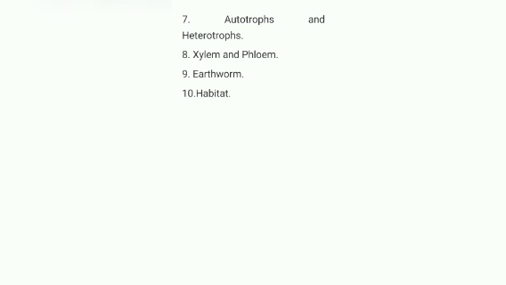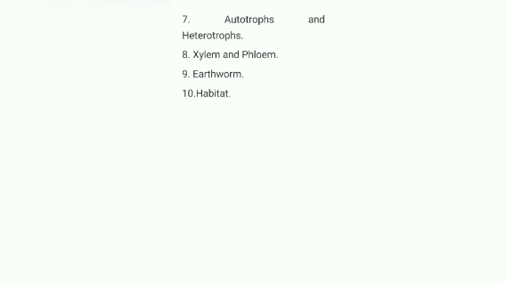Now let's move on to another topic, xylem and phloem. Transportation of substances in plants occurs by these two tissues, xylem and phloem. Xylem is the vascular tissue for transport of water and nutrients.